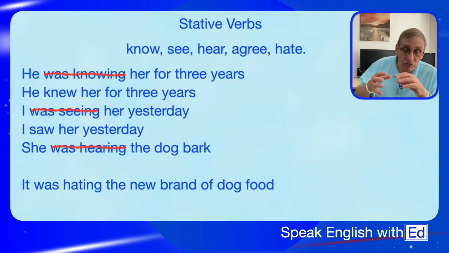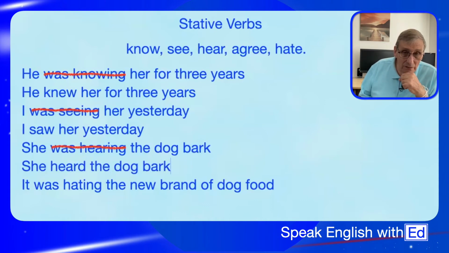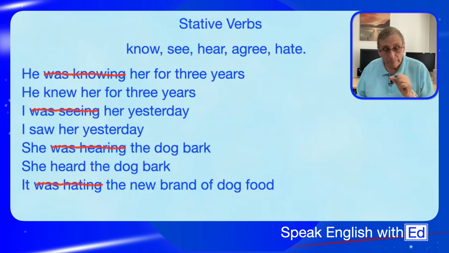We cannot have was hearing. So what is the past tense of hear? She heard the dog bark. Heard is the past tense of hear.